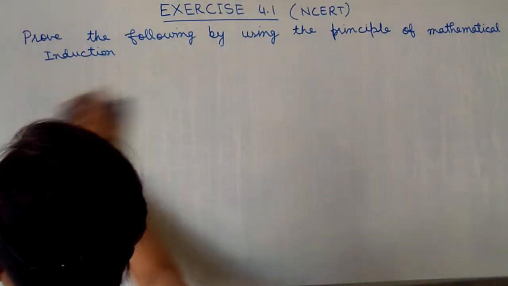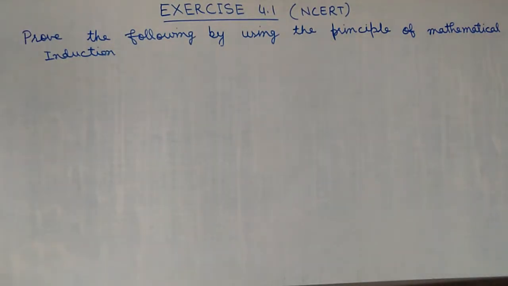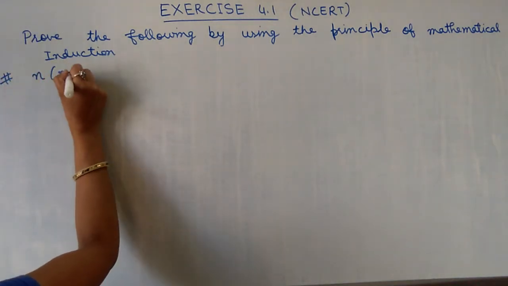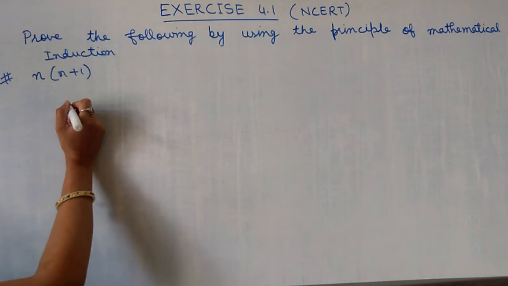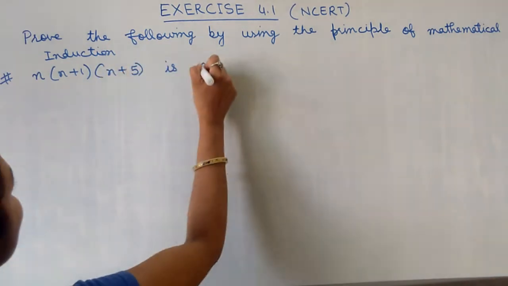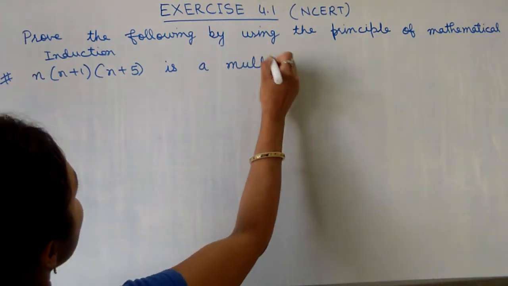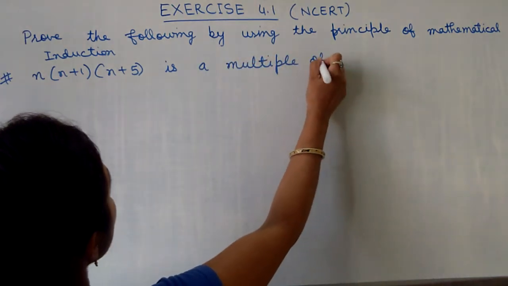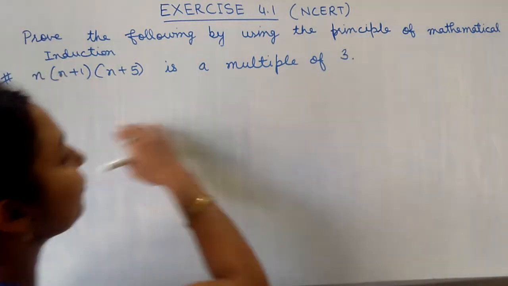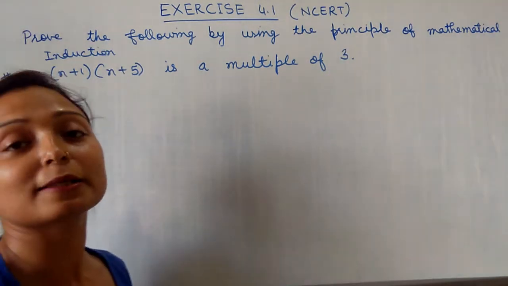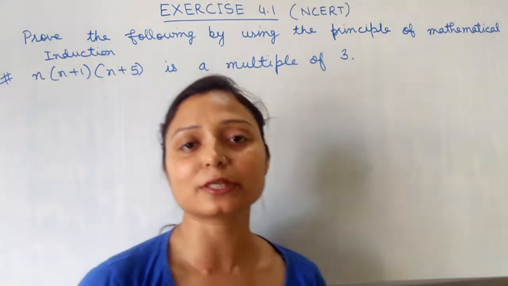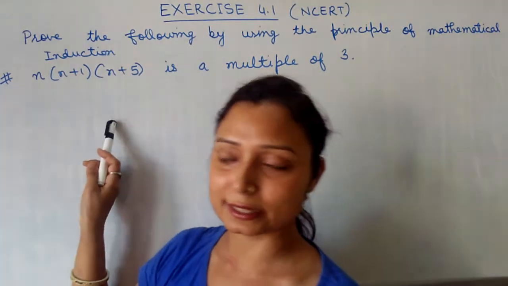There is only a polynomial and you have to prove that n into (n plus 1) into (n plus 5) is a multiple of 3. You have to prove this result by mathematical induction. It is told to you in the exam that you have to solve it by mathematical induction.